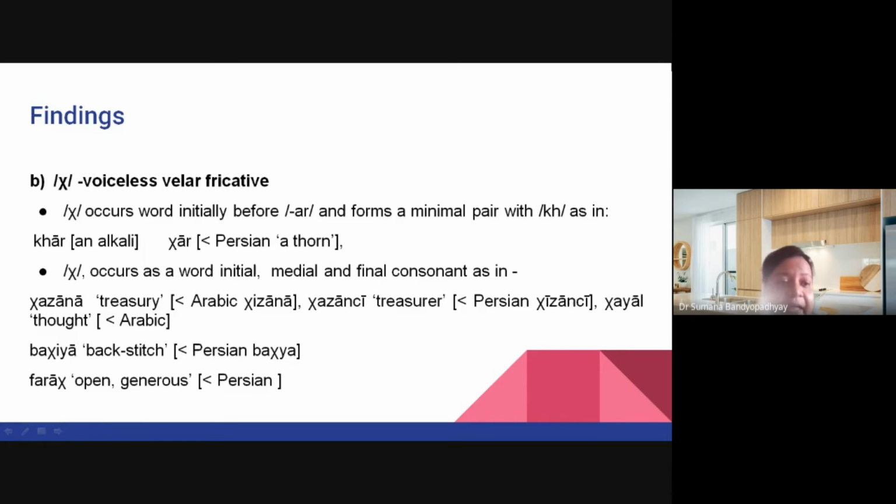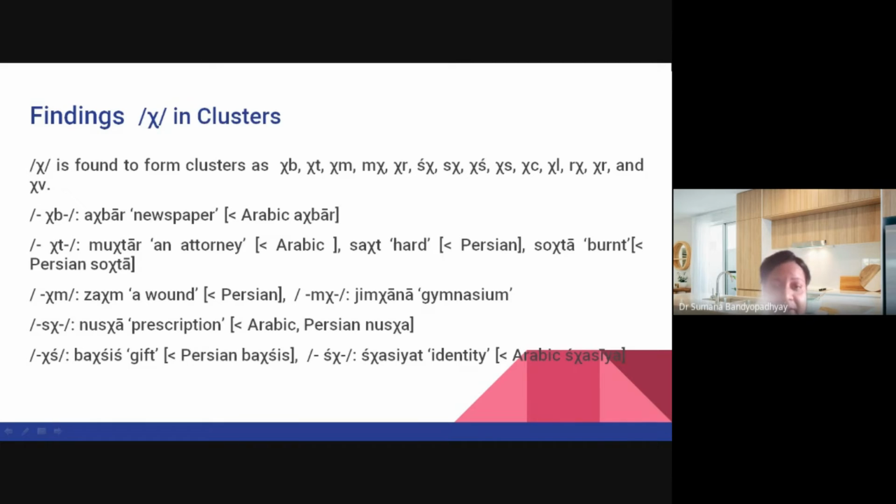In the cluster presentations also there are a number of additions over here, and the sounds which are borrowed from Arabic are not always the same as those retained in Hindi. Because sometimes, in words like nusa, here in Persian we don't get a long vowel at the end, but in Nuksan in Hindi, that is prescription, we find the final vowel to be elongated.